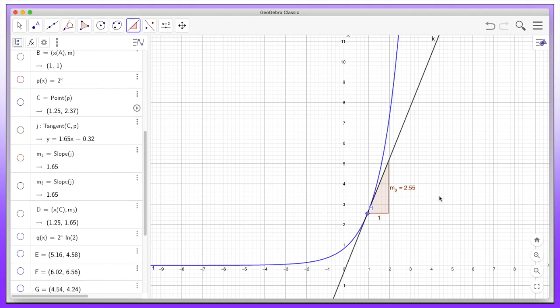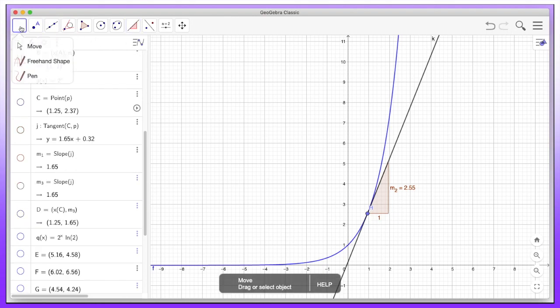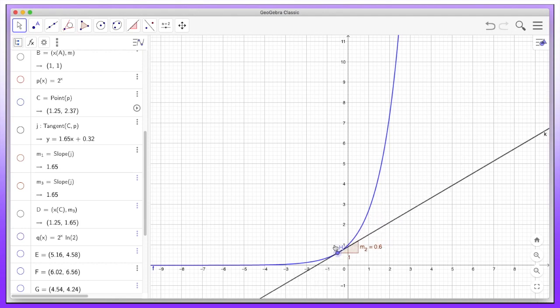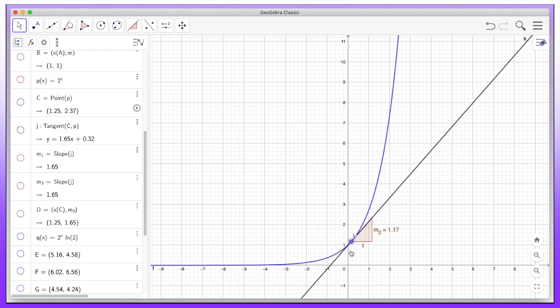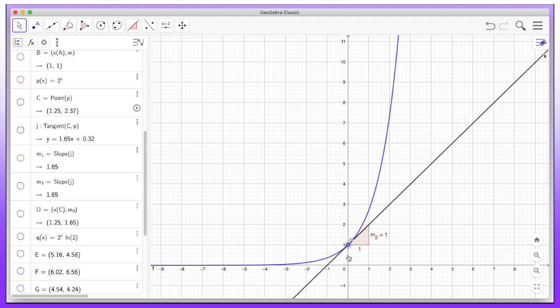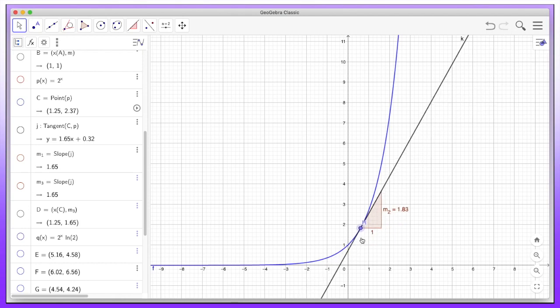Now, if I was to find what the gradient was here, I could plot the gradient function. Okay, and a few things to point out. When we're at 0 here, so 0, 1, the gradient is 1. When we're at 1, the gradient is 2.72, which is very close to the number e. So actually what we see is that the gradient function takes on the same value of the graph at that point.